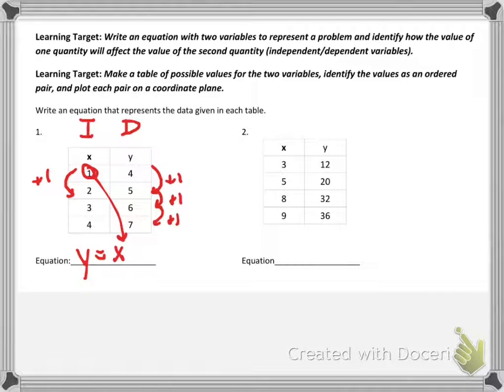I want it to be 4, so I'm going to add 3 to make that happen. And there's my equation. It works with all of the independent variable x's. If I put a 3 in for x, 3 plus 3 is 6. Yep, the dependent variable 6, so I'm good there.